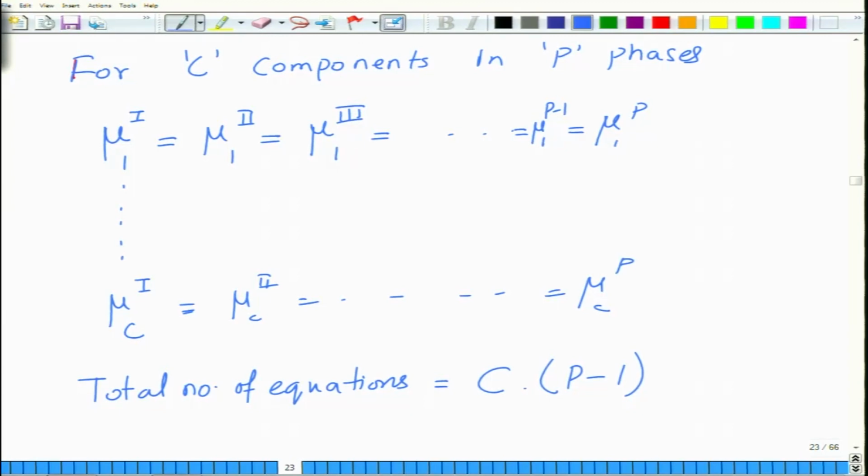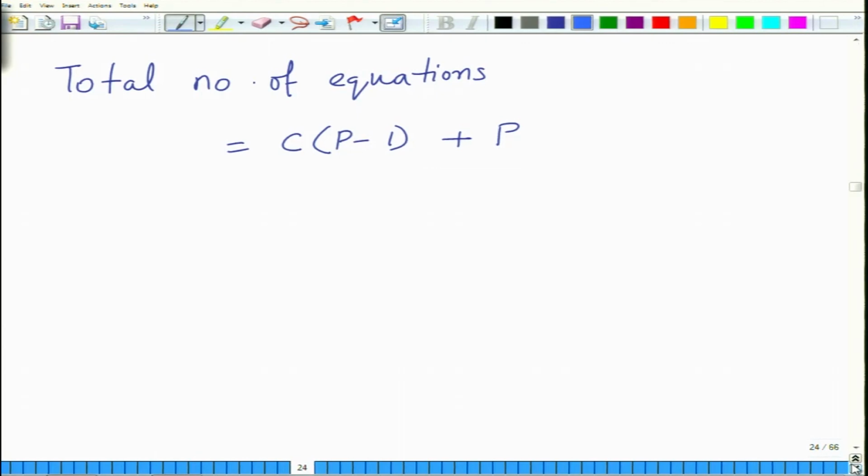So this is C into P minus 1. So the total number of equations that you have is P equations from mass conservation and C into P minus 1 equations from chemical equilibrium, chemical potential equality.